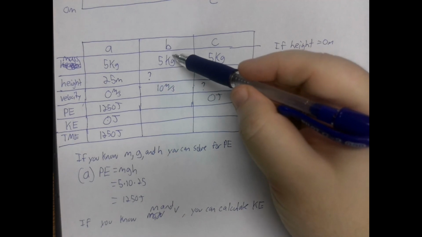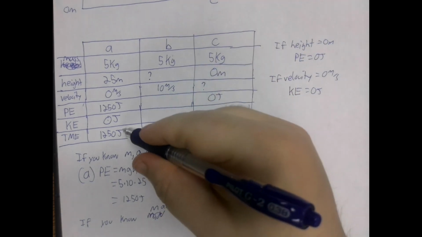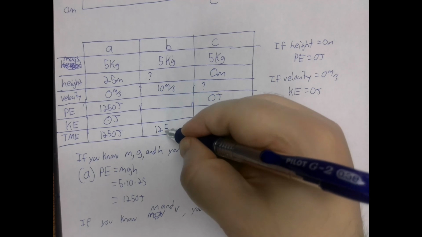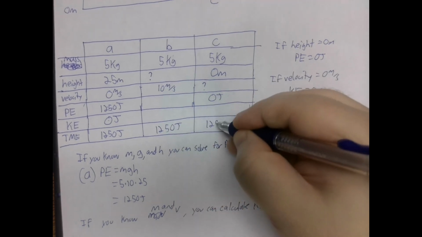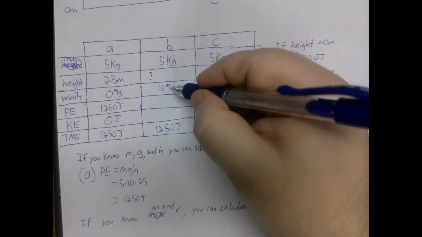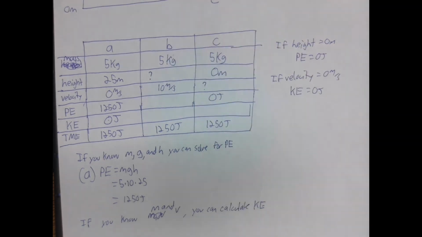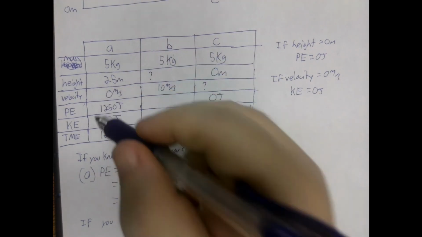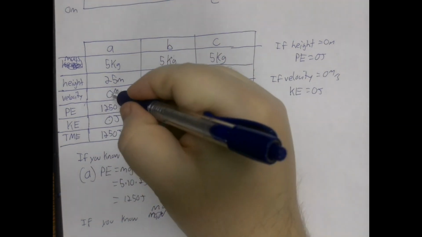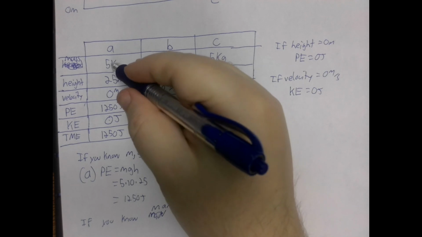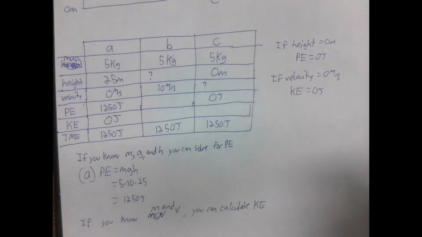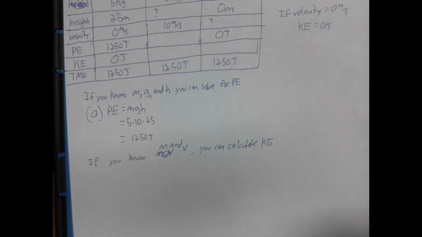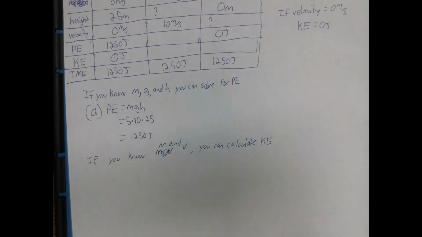Well, that would be B. Also, for total mechanical energy, we can go ahead and write this over. So we know velocity and we know mass. Yeah, but we already solved for it. We don't need to solve for it. But you are correct, 1/2 times 5 times 0 squared is 0. Yes, we can do that later.